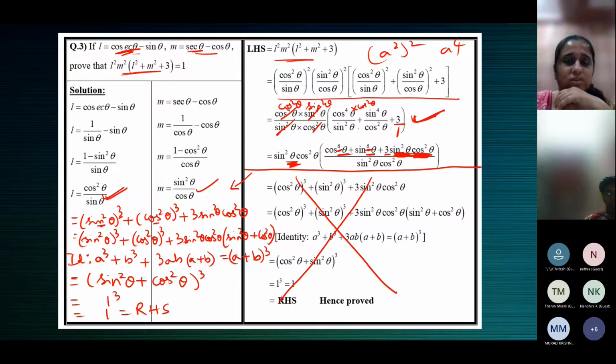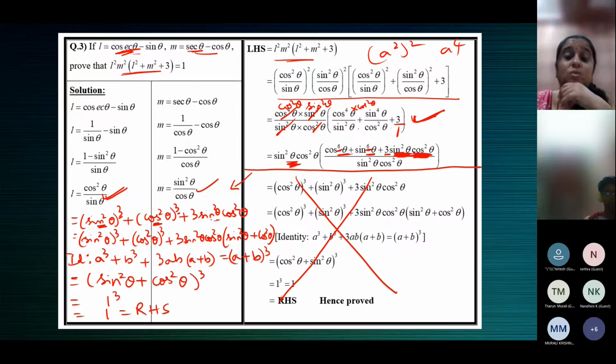This is b cubed, cos square theta cubed, and 3ab, 3 sine square theta cos square theta. And you've just written sine theta to the power 6 like this. 2 3s are 6. So in this step, we write the expression in the form a cubed plus b cubed plus 3ab.